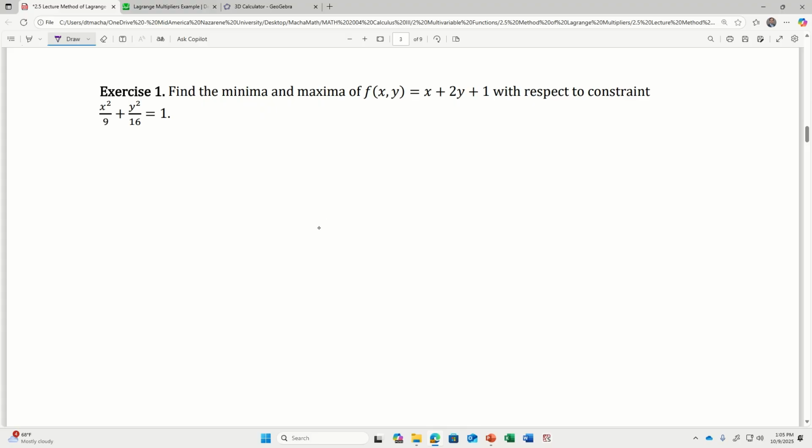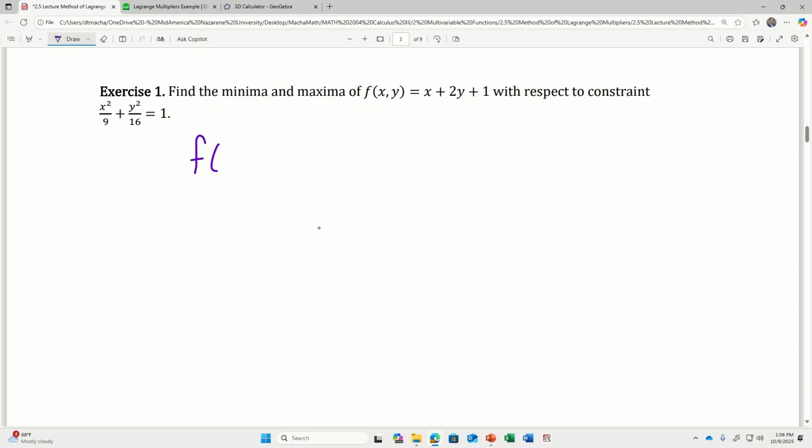Find the minimum and maximum of this function, x plus 2y plus 1, with respect to the constraint, and this is an ellipse.